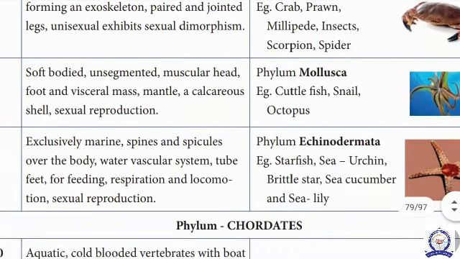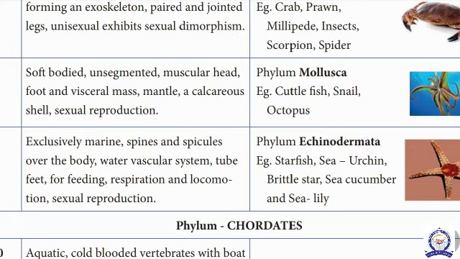Next phylum is phylum Mollusca. Mollusca means soft-bodied animals. Soft-bodied animals are unsegmented, and a muscular head and muscular foot are attached to the visceral mass. Visceral mass means body. The mantle covers the outer surface with a shell.